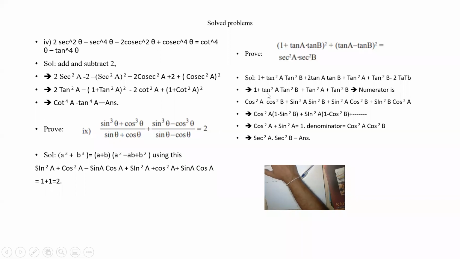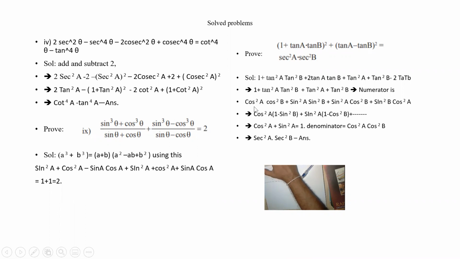So what are we doing here? Sin square A by cos square A, sin square B by cos square B. This is sin square A by cos square A, this is sin square B by cos square B. When we do LCM, this cos square B is multiplied by 1. So cos square A cos square B plus sin square A sin square B plus sin square A cos square B, because here this cos square B is getting added, plus sin square B cos square A. So this is a total.